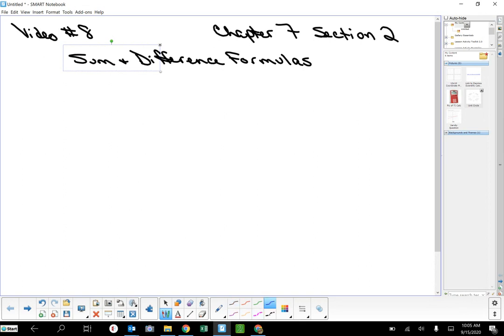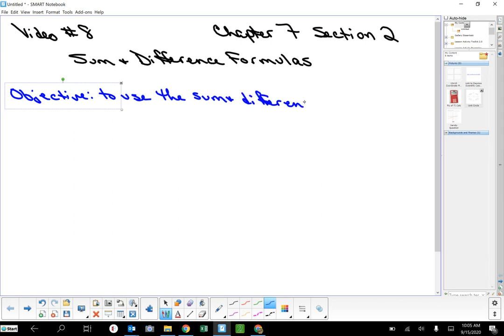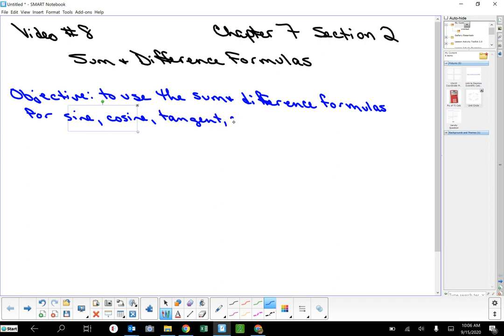And here is your objective, and that is to use the sum and difference formulas for sine, cosine, tangent, cofunctions, and to verify identities.